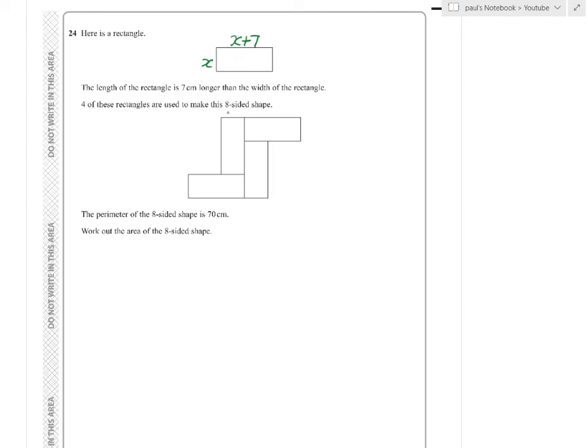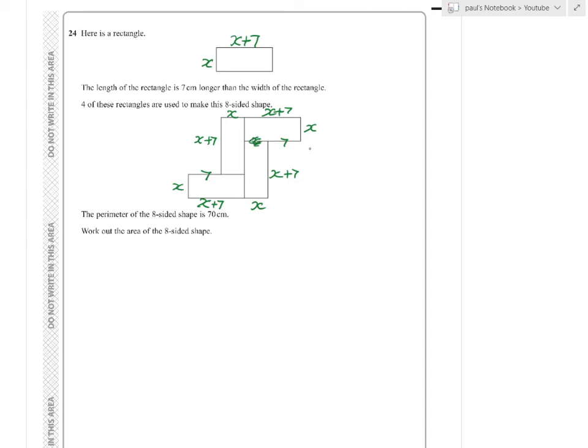So the perimeter is x plus 7, x plus 7, x. I know I've missed one out, I'm coming back to that. x plus 7, x and x plus 7. Now, if this is x, and that's x plus 7, so that must be just 7. So don't worry about that little bit there.